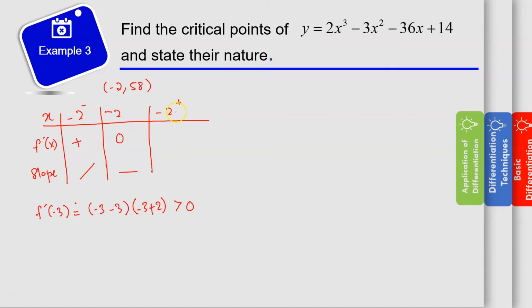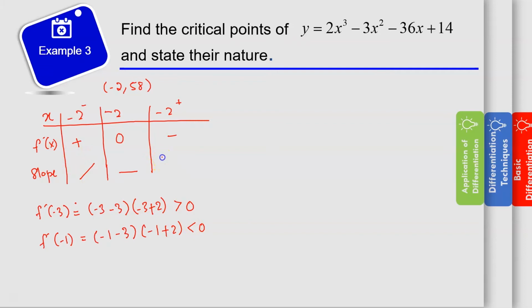And then for negative 2 at the positive side, I can choose negative 1. I will have negative 1 minus 3 times negative 1 plus 2. This one is negative, this one is positive, so it is less than 0, meaning the slope is negative.